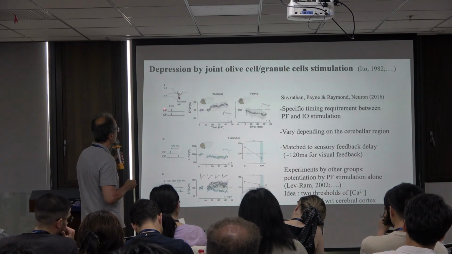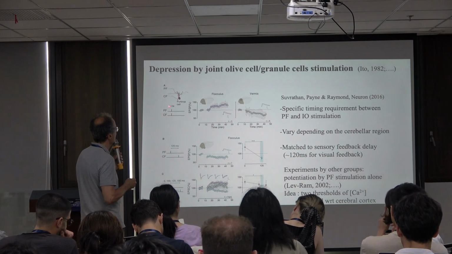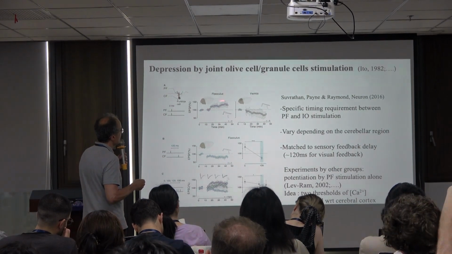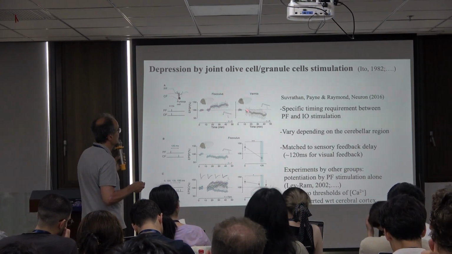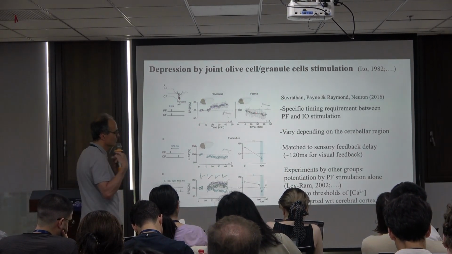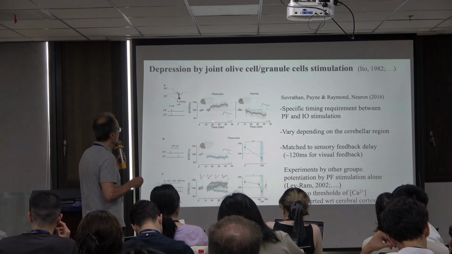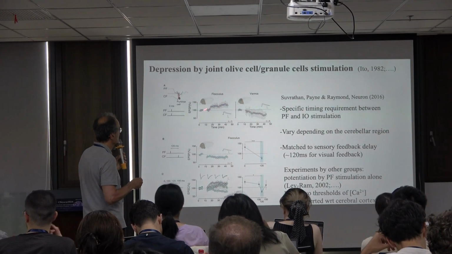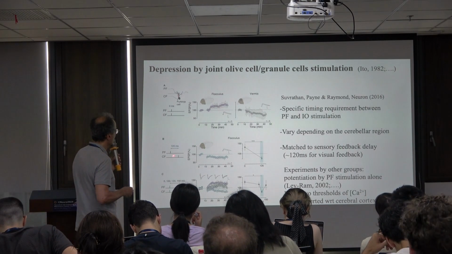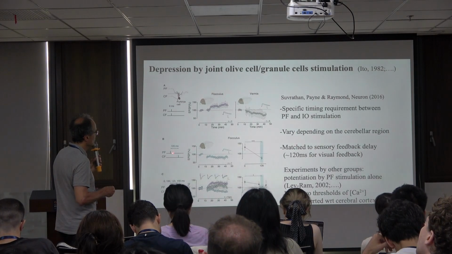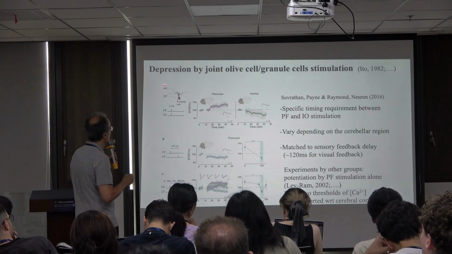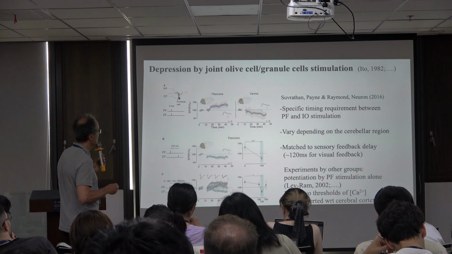You pair the parallel fiber with the climbing fiber signal at the same time, and depending on the region of the cerebellum, you see different things. In the flocculus, which is the region that controls the movement of the eye, this is quantified here. If you do it at 120 milliseconds, you get a large depression of this parallel fiber Purkinje synapse.